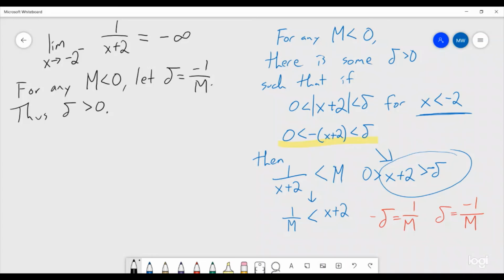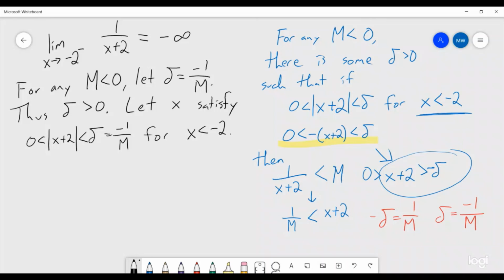So what we are going to have is, let x satisfy 0 less than the absolute value of x plus 2 less than delta, equaling negative 1 over M, for x less than negative 2. Then the absolute value of x plus 2 is equal to negative (x plus 2).